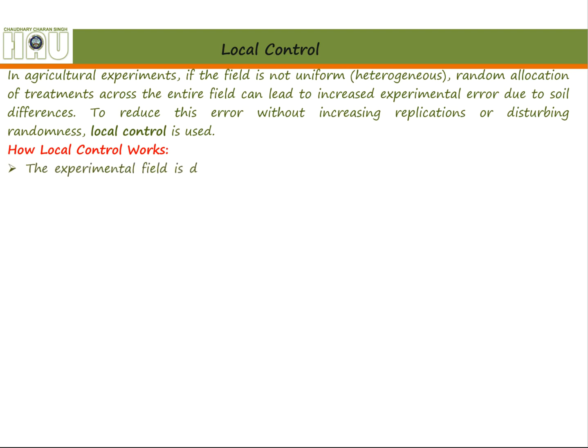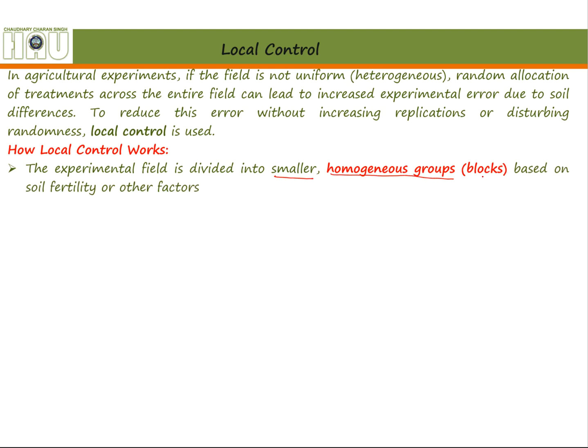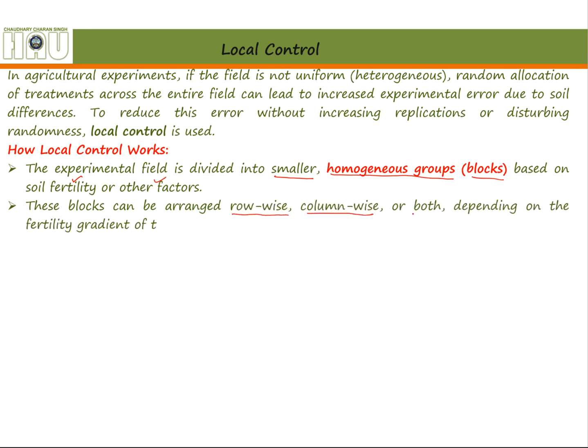So the experimental field is divided into smaller homogeneous groups or blocks or replications, based on the soil fertility or other factors which are not uniform in your field. And these blocks can be arranged row wise, column wise, or both, depending on the fertility gradient of the field.